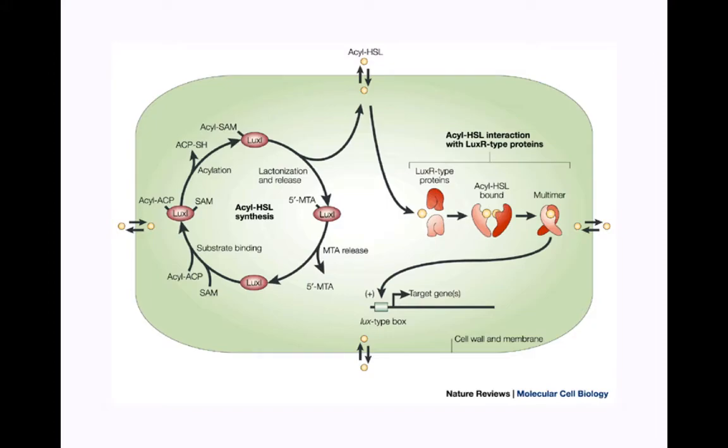However, the conformation change that occurs when homoserine lactone binds to them causes them to form multimers, dimers, or perhaps even more. In this conformation, they can now bind to the promoter regions for target genes. These target genes would be the quorum sensing or quorum dependent genes, including the homoserine lactone synthase genes.